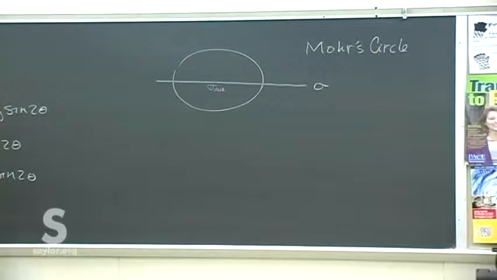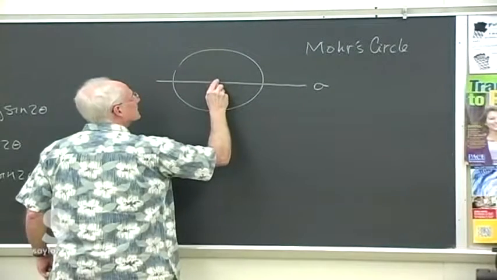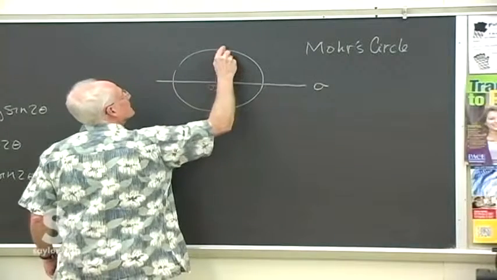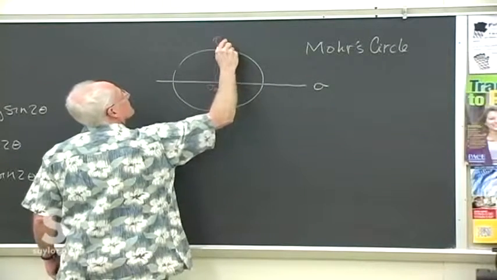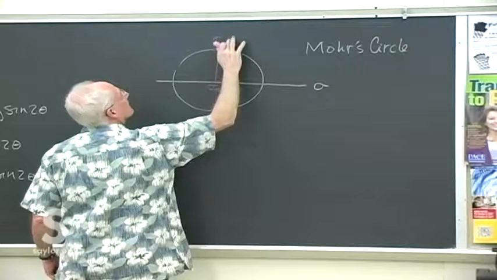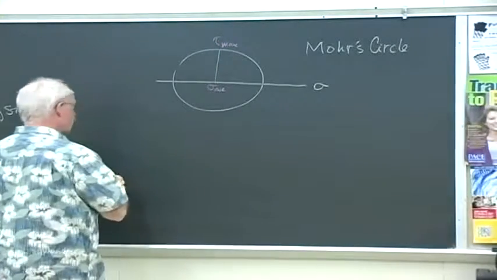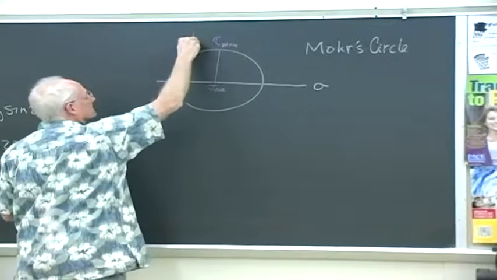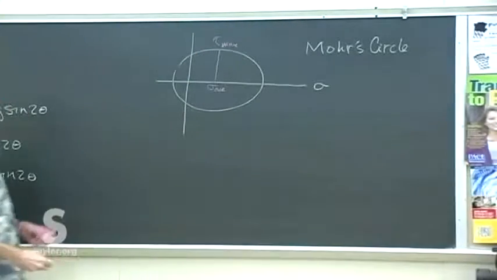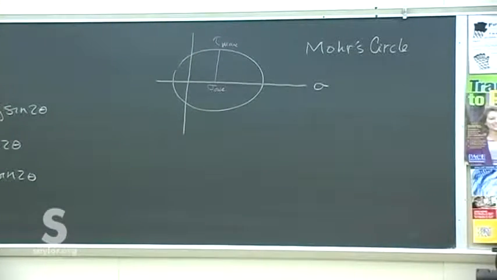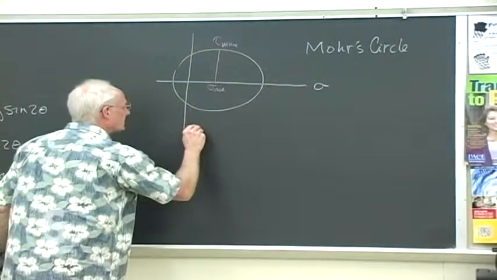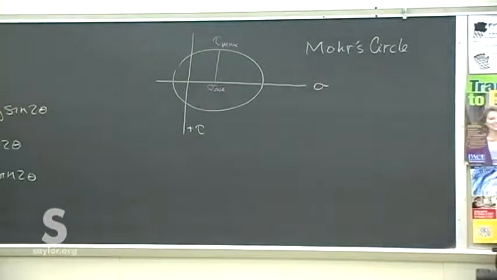The radius of this circle is actually the maximum expected shear stress, because we put the y-axis as the shear stress axis with positive going down, and we'll remind ourselves in a second just why we do that.